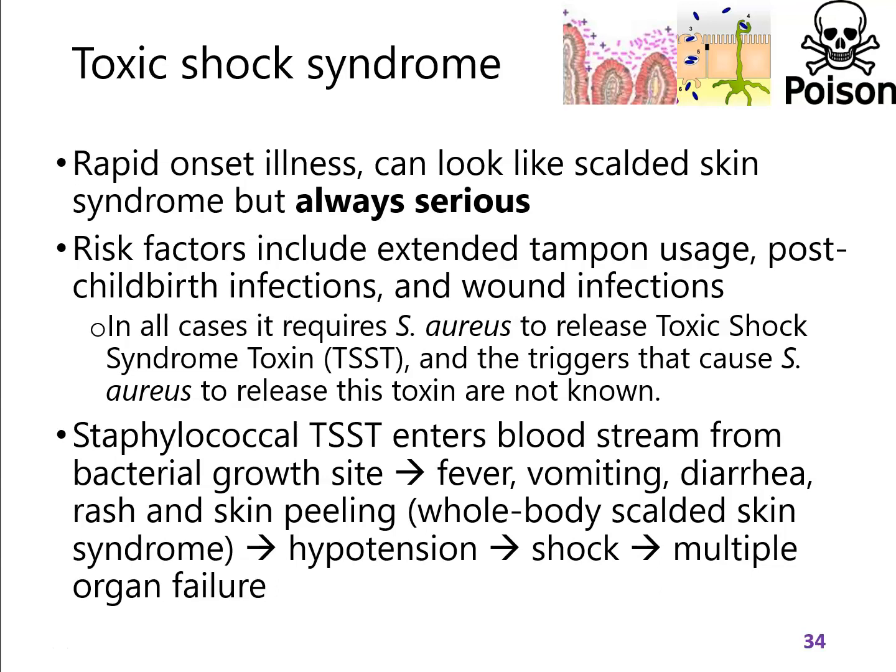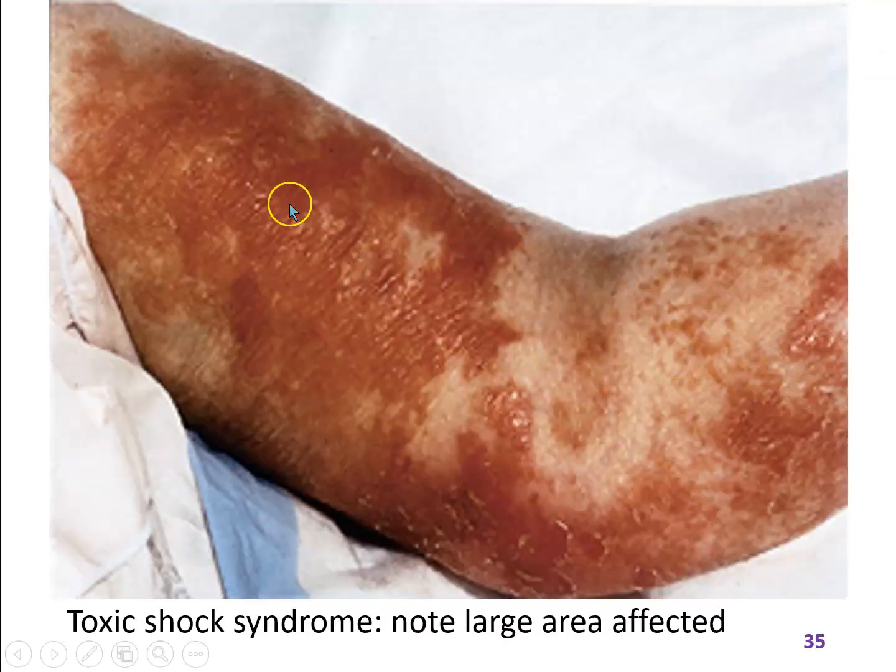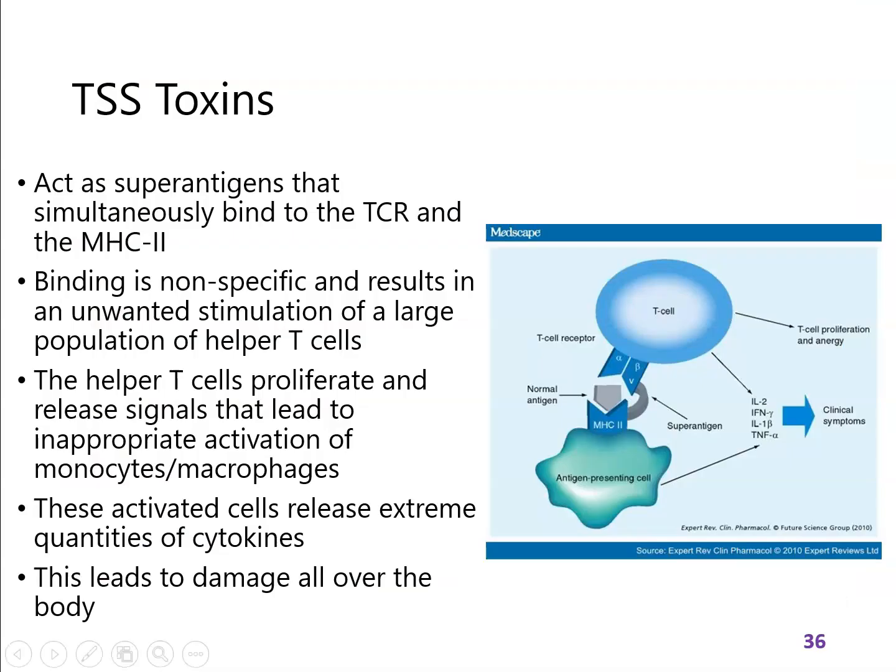And ultimately, what that's going to lead to is a precipitous drop in blood pressure that can lead to organ failure. And so this is a picture of a person who has toxic shock syndrome, and it's the same kind of things we saw with scalded skin, except this could be an entire limb or multiple limbs that look like this.